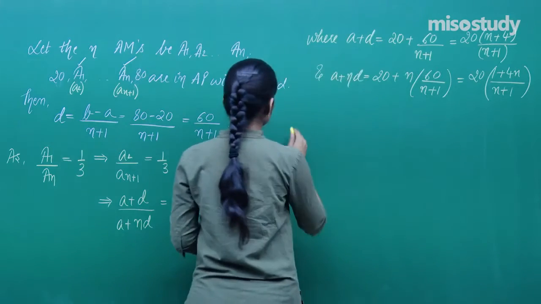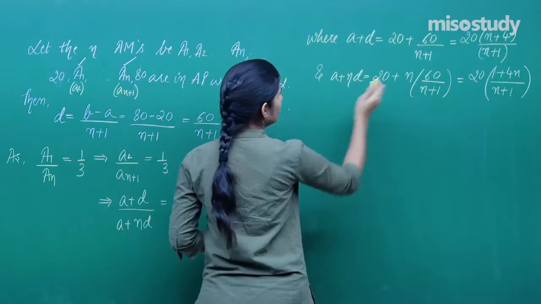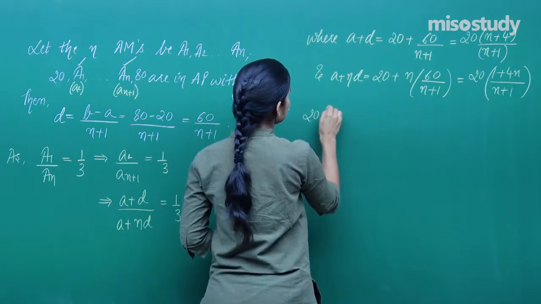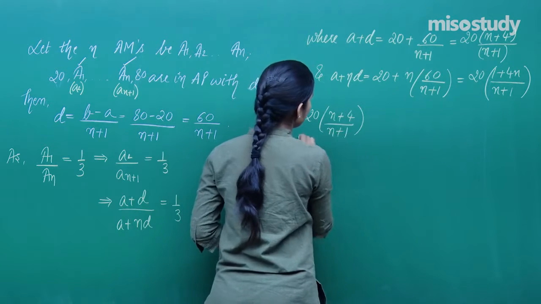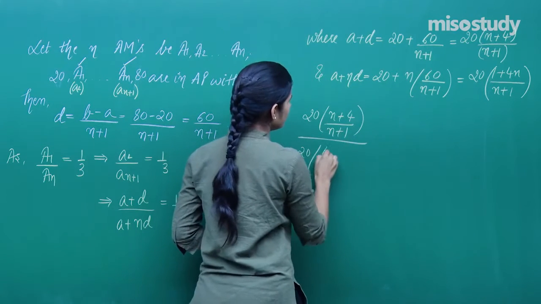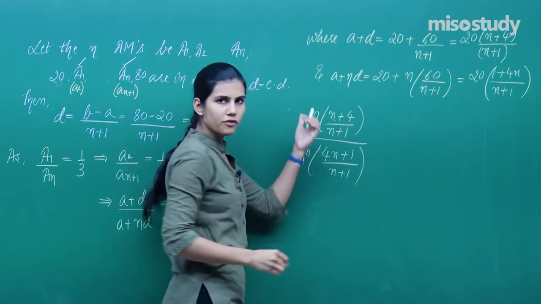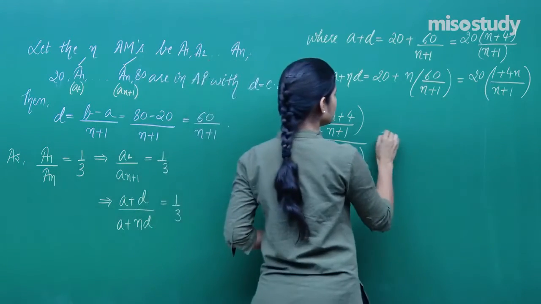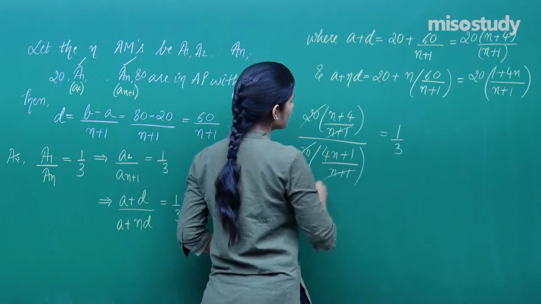You have that this ratio is 1 by 3. So this ratio is 1 by 3: 20 times n plus 4 upon n plus 1 whole upon 20 times 4n plus 1 upon n plus 1. The ratio of these two quantities is given to be equal to 1 by 3. 20 cancels out, n plus 1 is out.